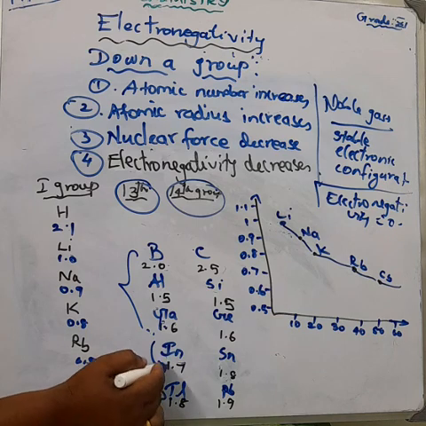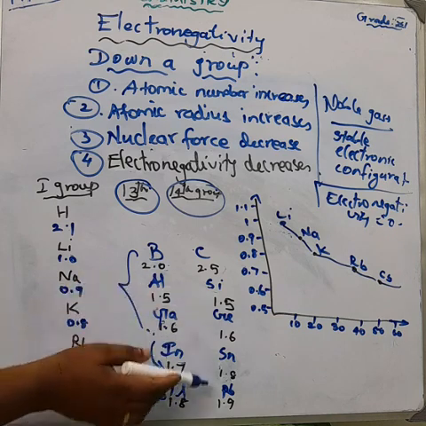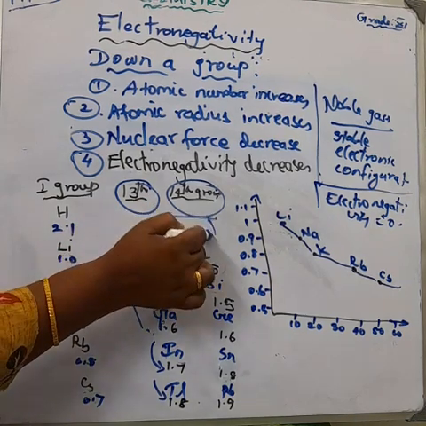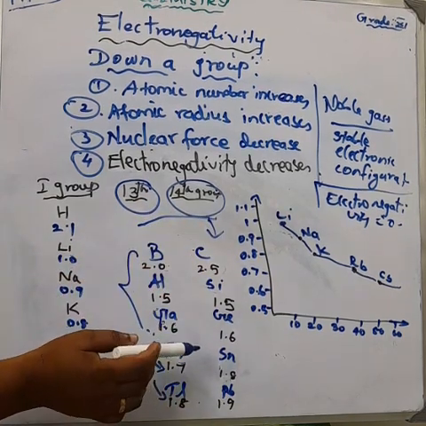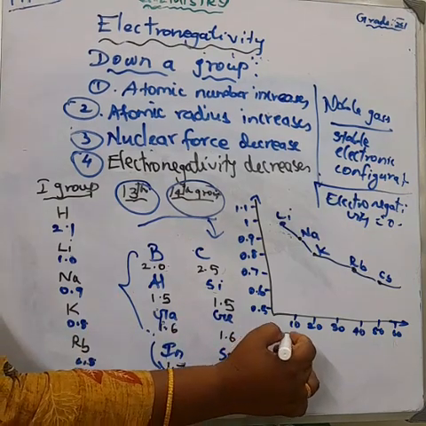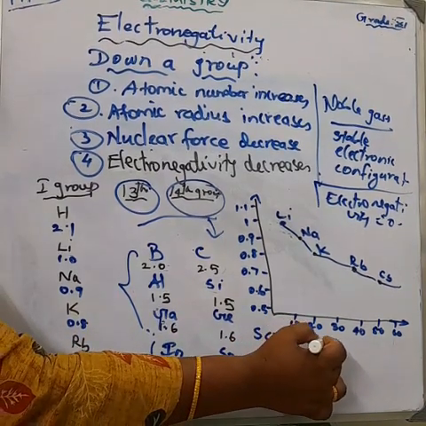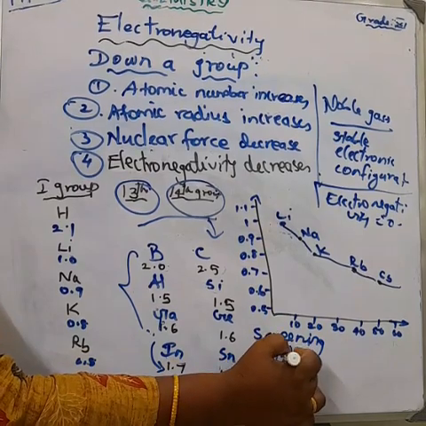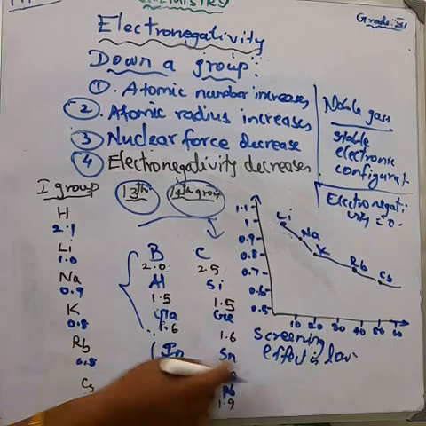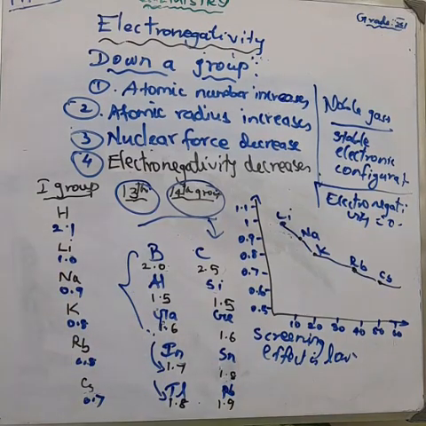What is the reason for this increase for the 13th and 14th group only? Because of the electrons added, the screening effect in the 13th group and 14th group elements is low. So the nuclear force will be high on the outermost electrons, so it tends to pull the electrons towards itself.